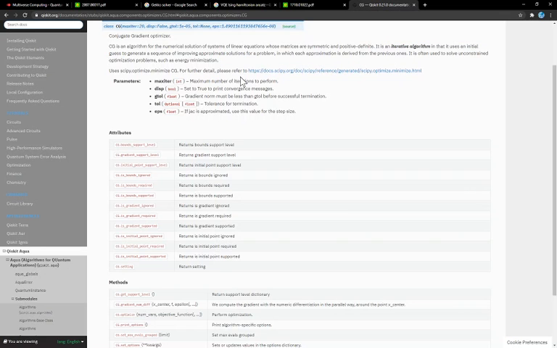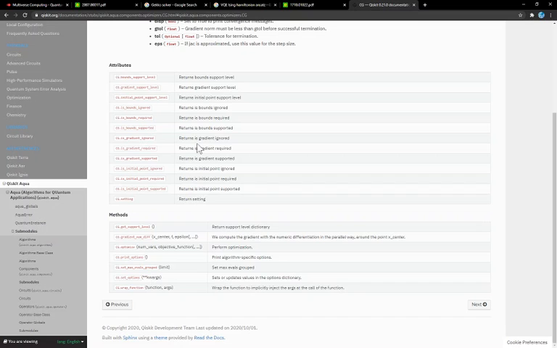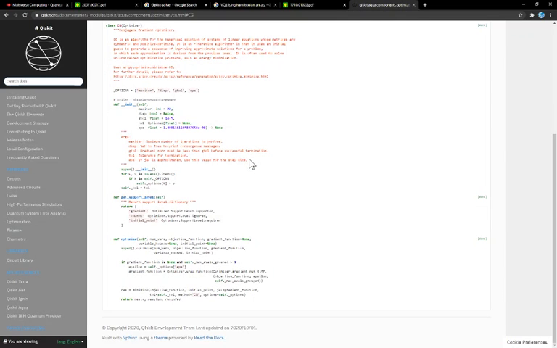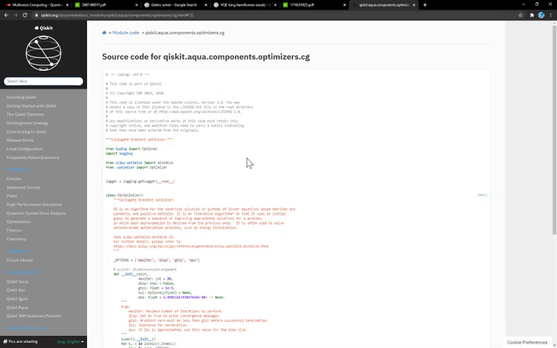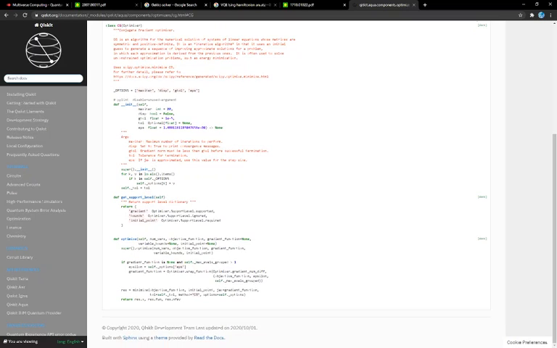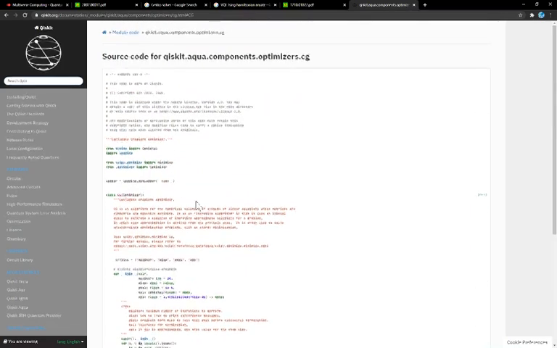Okay. So probably. Okay, SciPy optimizer. So it's just using the SciPy optimizer.